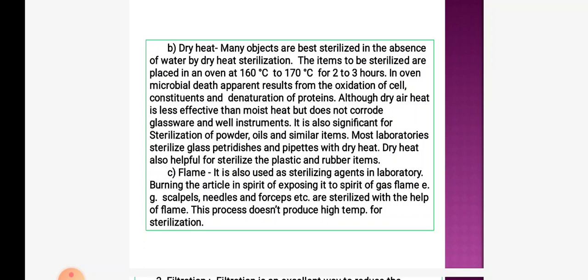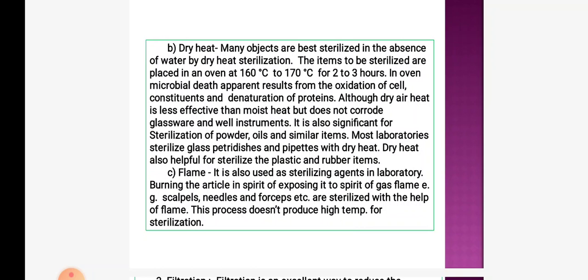Dry heat is less effective than moist heat, but it does not corrode glassware or instruments. It is significant for powder and oil sterilization, petri dish and pipette sterilization, or plastic and rubber item sterilization.